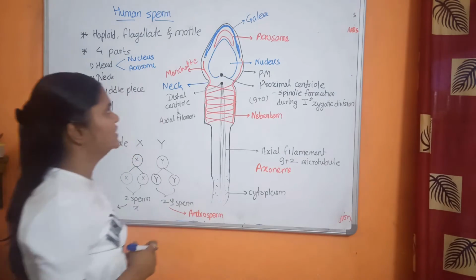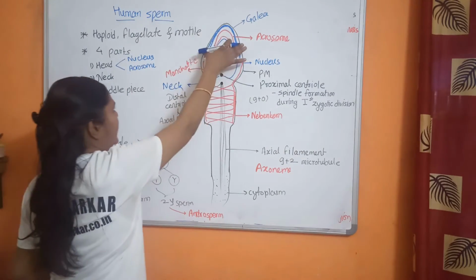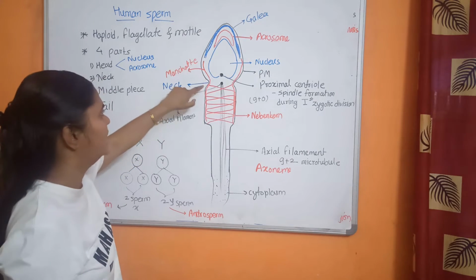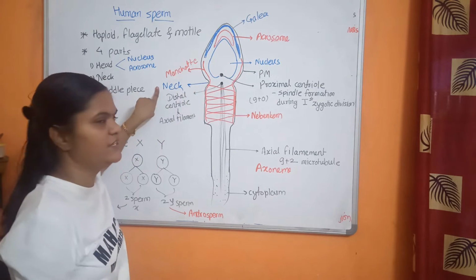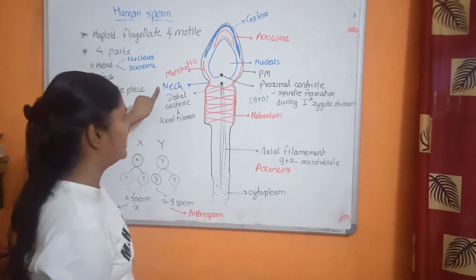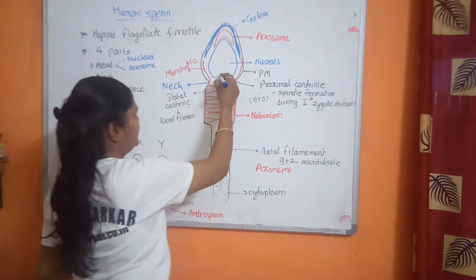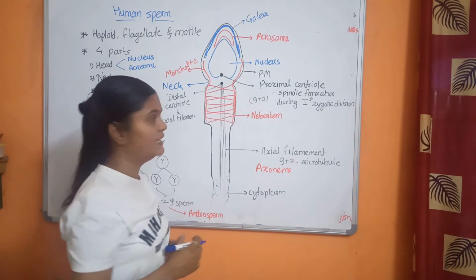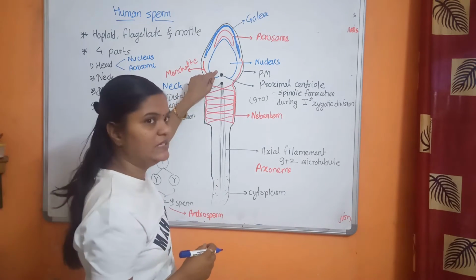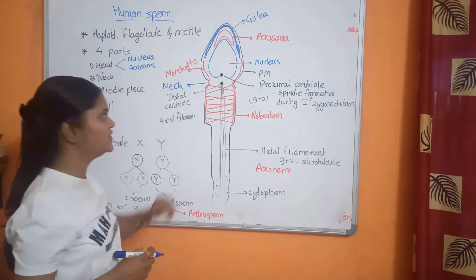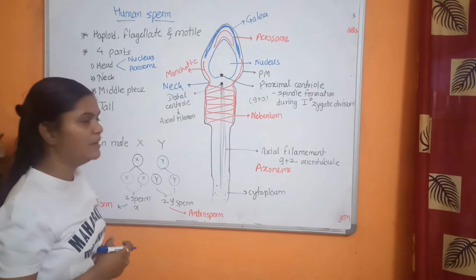Okay, so this is the head part, and it has a very small depression, which is called the neck region. This depression contains two centrioles: the proximal centriole, which is present in the depression of the nucleus, and the second centriole, which is present in the middle piece region.